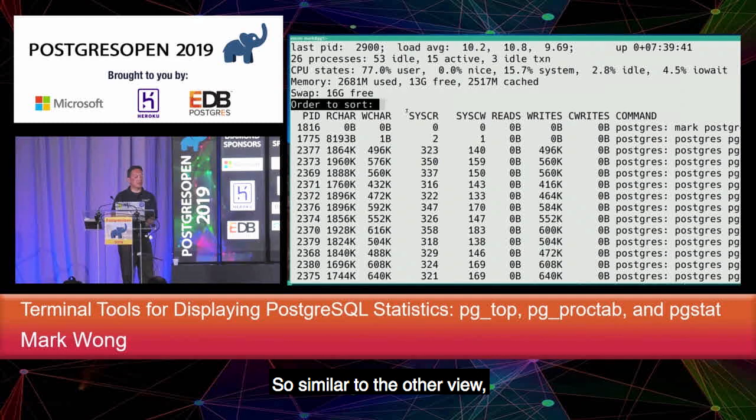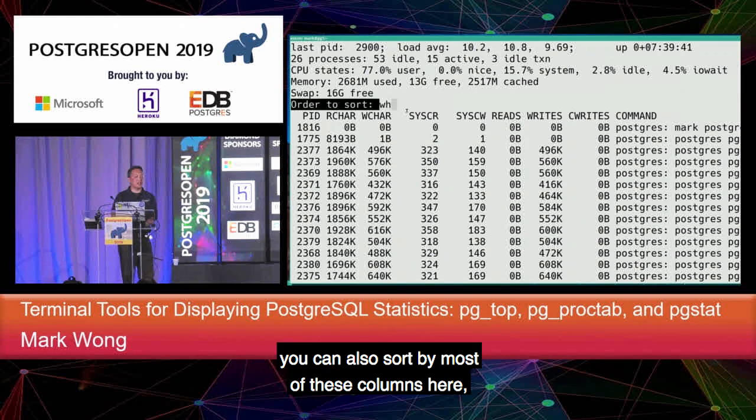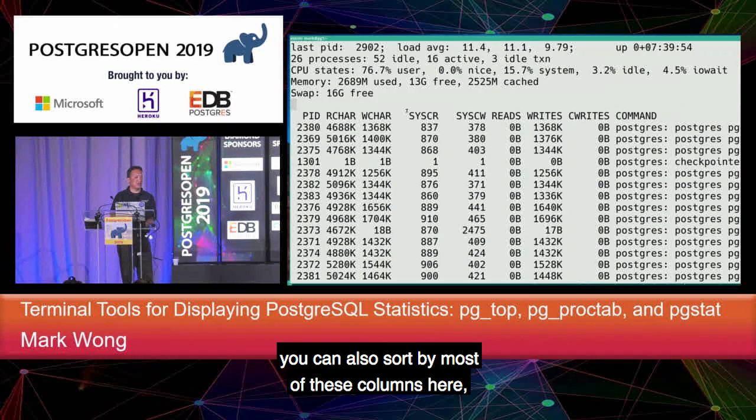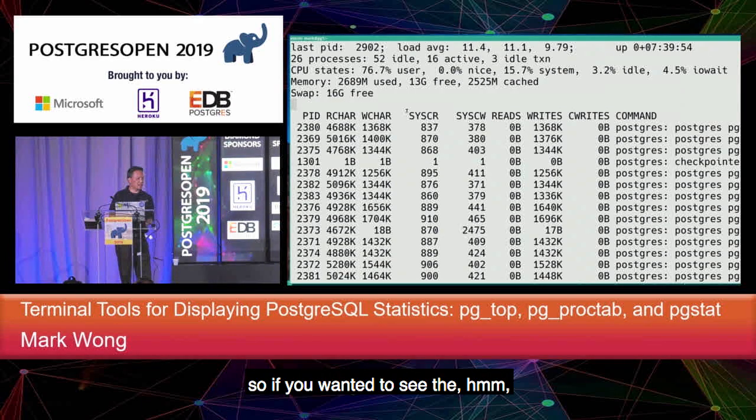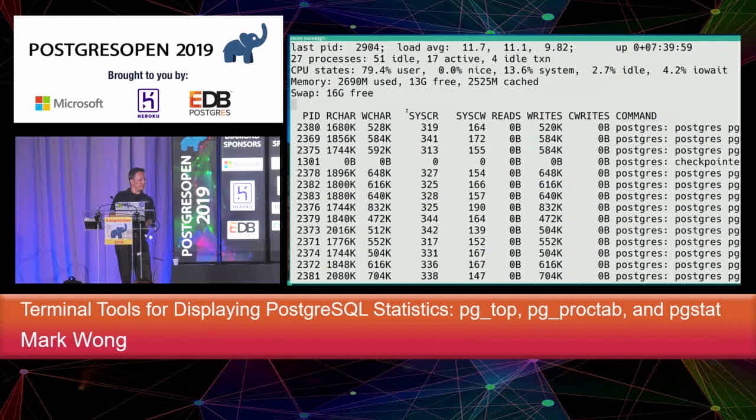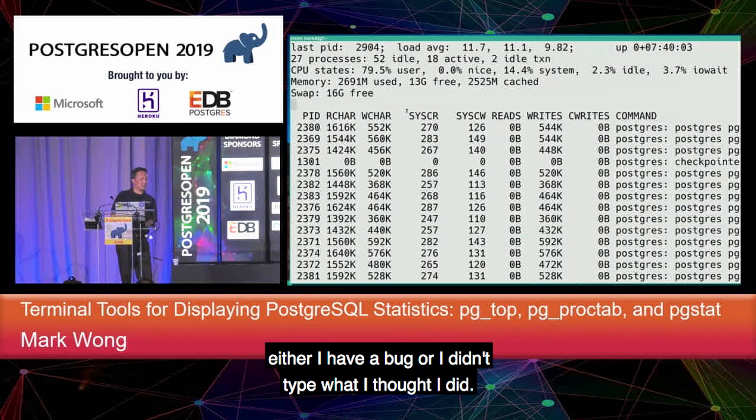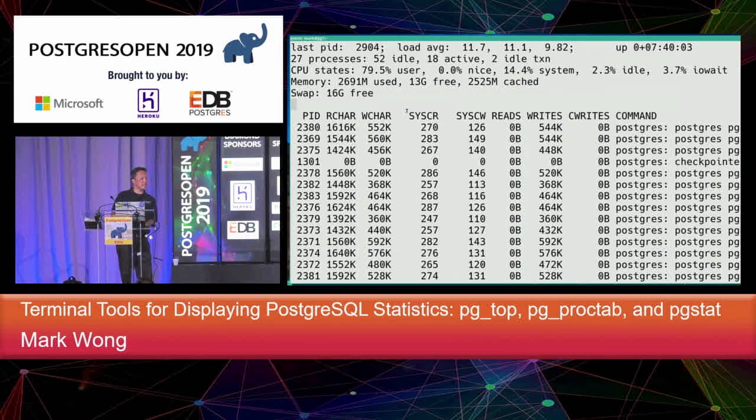Similar to the other view, you can also sort by most of these columns here. So if you wanted to see the... either I have a bug or I didn't type what I thought I did.